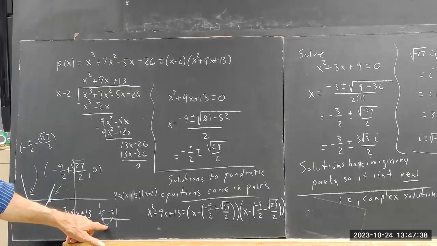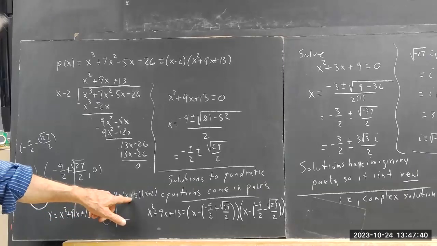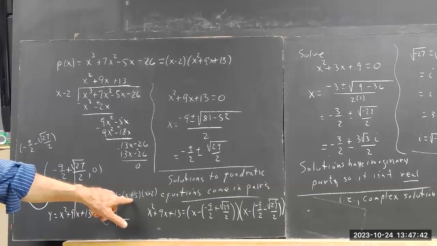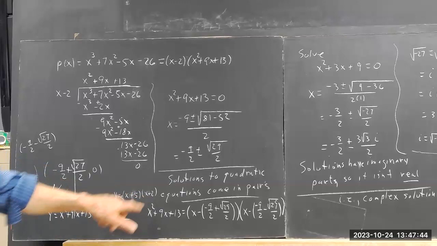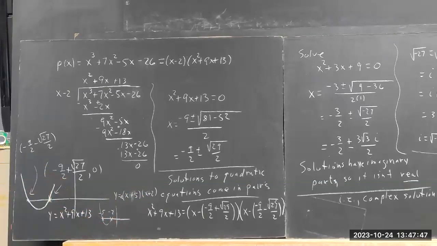Because where is this polynomial 0? It's 0 when x is -5. It's 0 when x is -2.